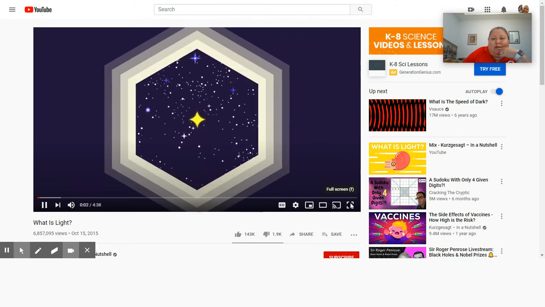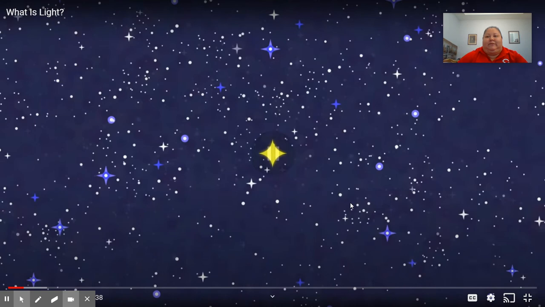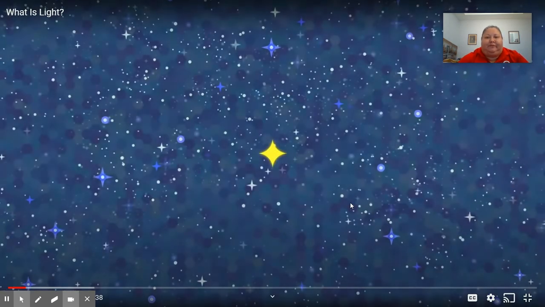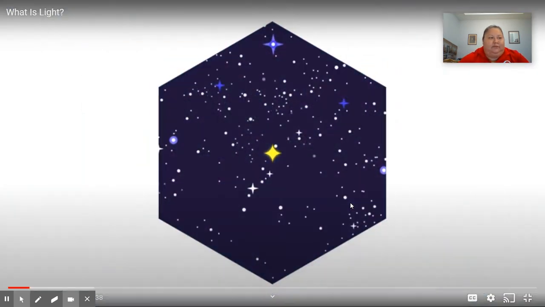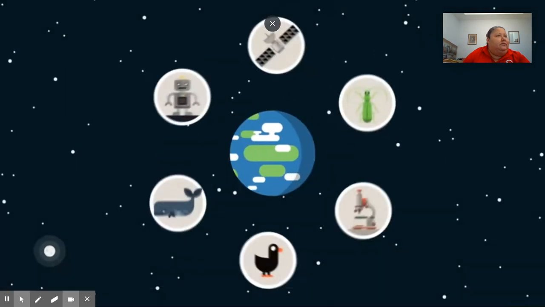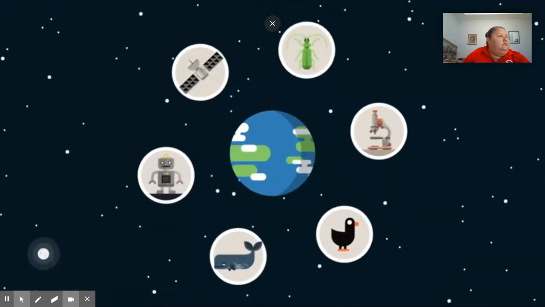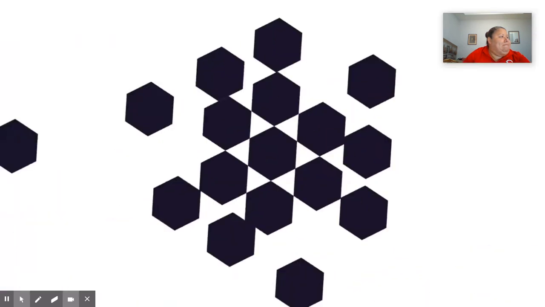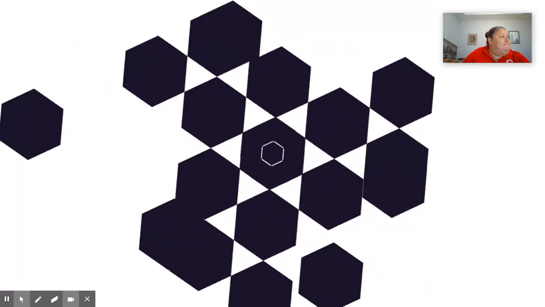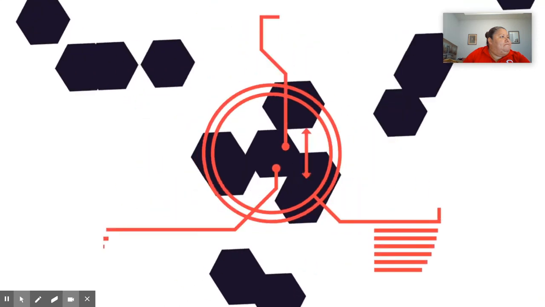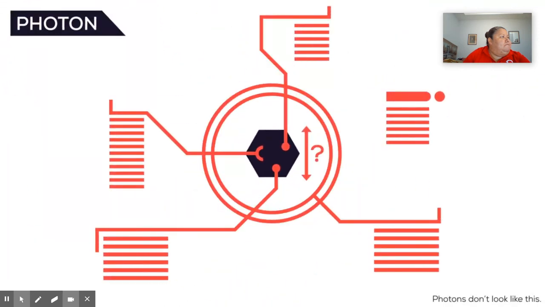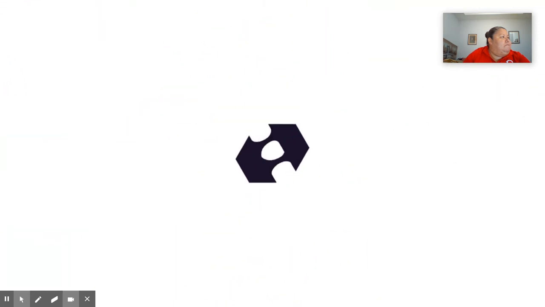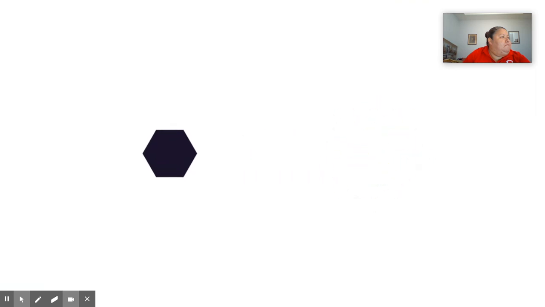Light is the connection between us and the universe. Through light, we can experience distant stars and look back at the beginning of existence itself. But what is light? In a nutshell, light is the smallest quantity of energy that can be transported. A photon, an elementary particle without a real size that can't be split, only created or destroyed.